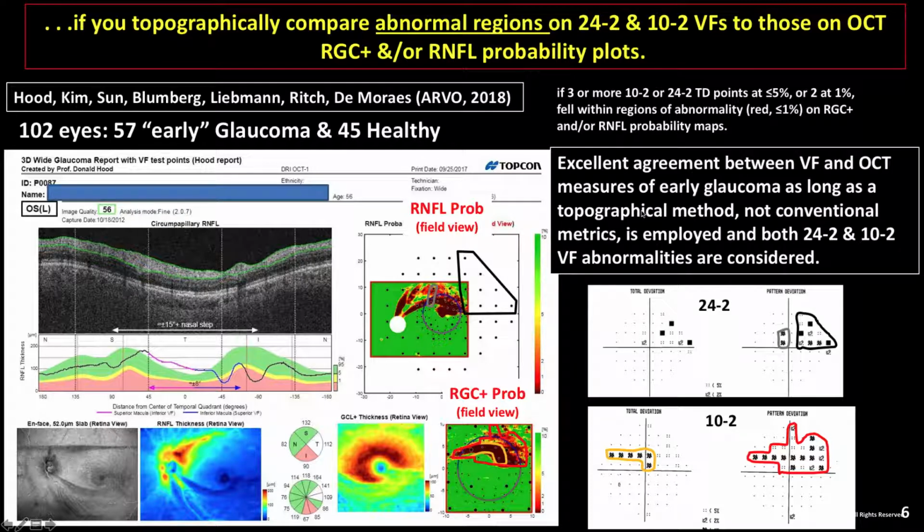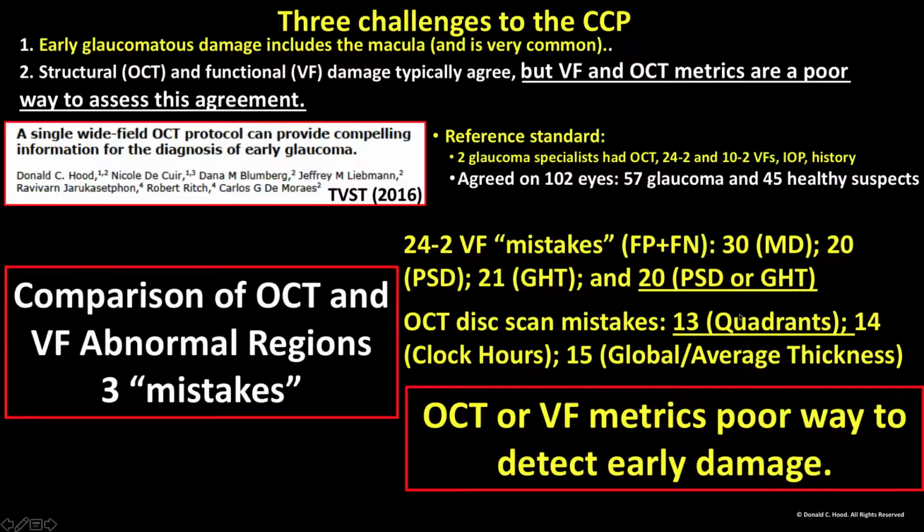And what we found was excellent agreement was obtained between damage seen on the visual field and the OCT as long as you use this topographical method. If you use the conventional metrics, it was not good. So here was the conventional metrics for these eyes. When we did our comparison, there were only 3 so-called mistakes.